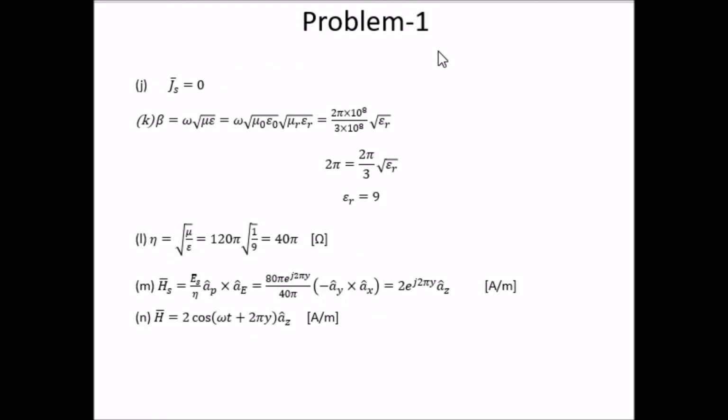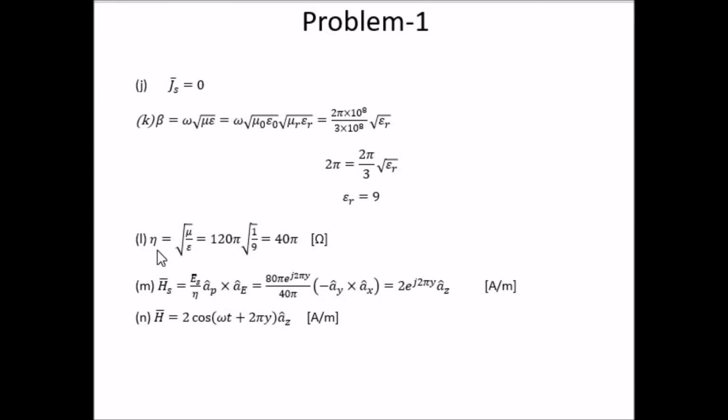The solution of problem 1 is continued here. Now we are assuming the system is lossless, so the conduction current density becomes 0, and we get the beta expression as omega root mu epsilon, and here we have epsilon r, the effective permittivity. We need to find it, and we got epsilon r equal to 9.